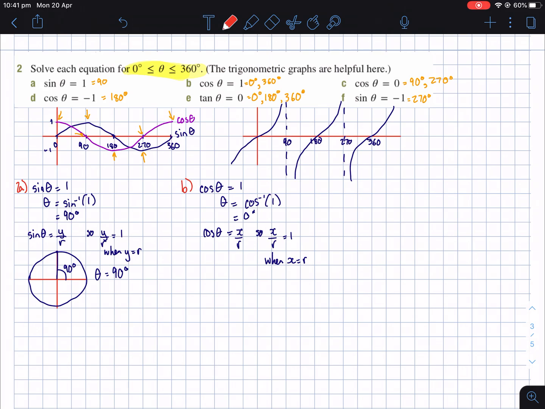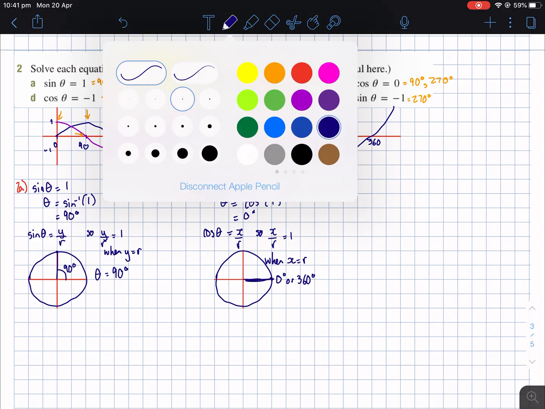So if we draw that, again, we've got a circle radius r, so it's only here. And that's 0 degrees or 360 degrees. So that's only when x is positive r, so it's going positive r across.